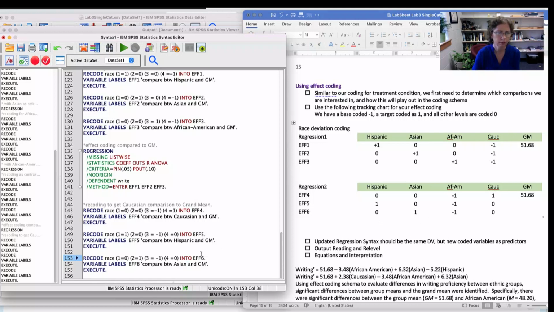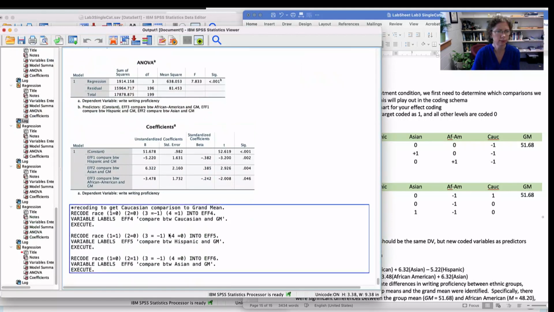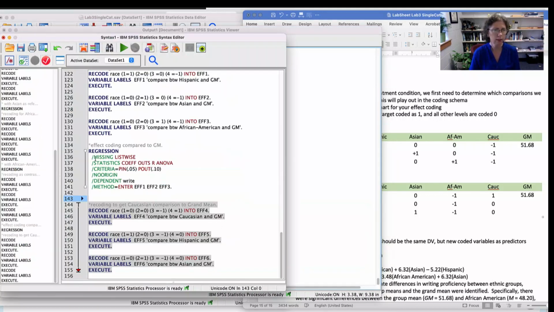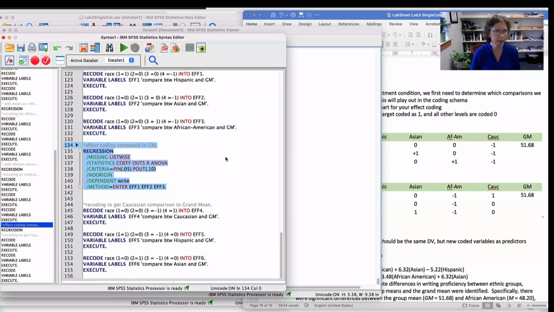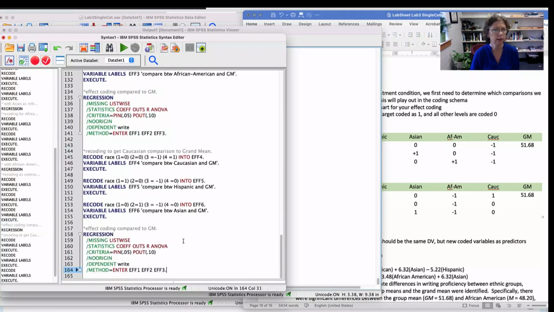Here we go. 6, 5, 4. And I can go ahead and run these to make the last set of effect codes here. Then we pick up our regression, paste it, and all we need to change is the effect codes going in here. 4, 5, and 6.